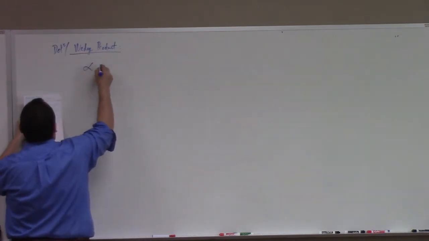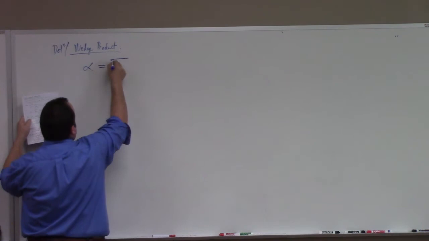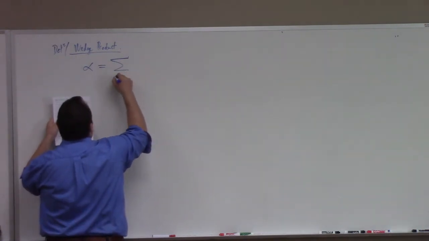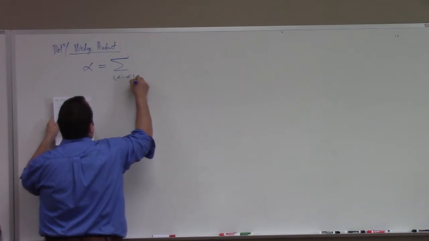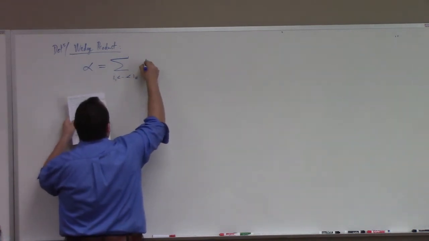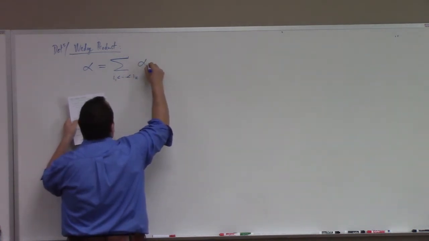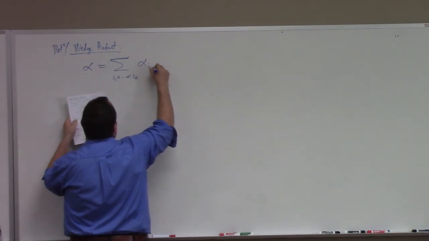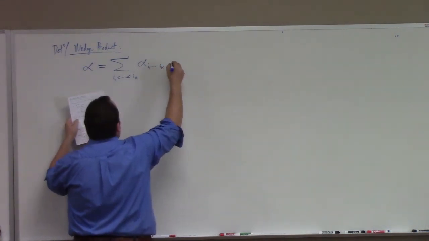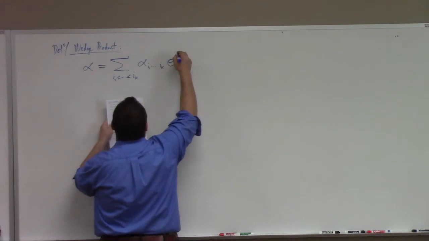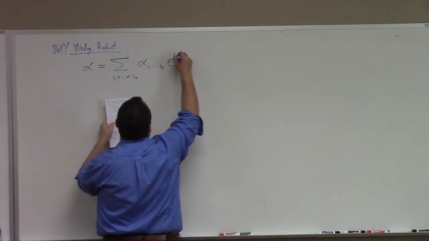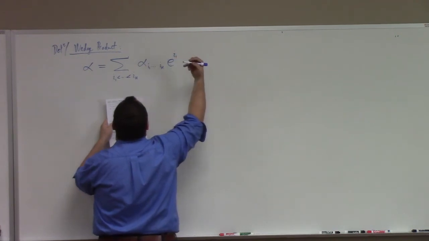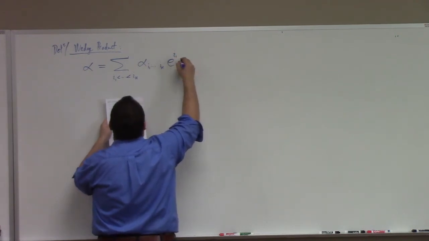So we have alpha is the sum over I1 less than up to less than IK, and I'm going to use the notation alpha lower I1 through IK, and then E^I1 and so on.